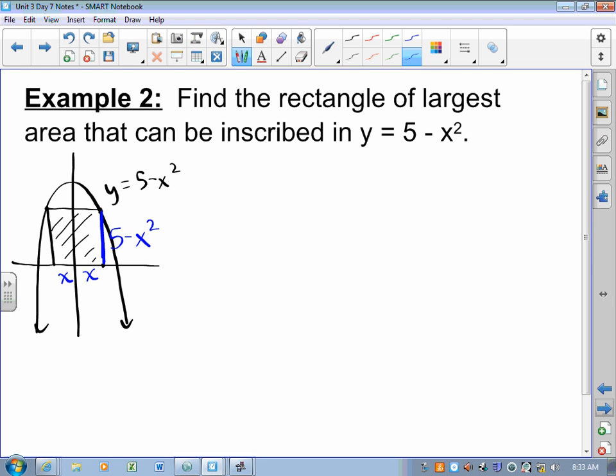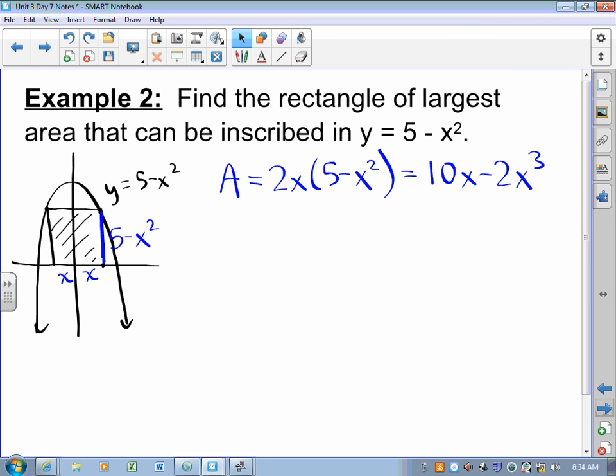And so the area of the rectangle in question is base times height, which happens to be 10x minus 2x cubed. Now that area function has an absolute max on the closed interval in question.